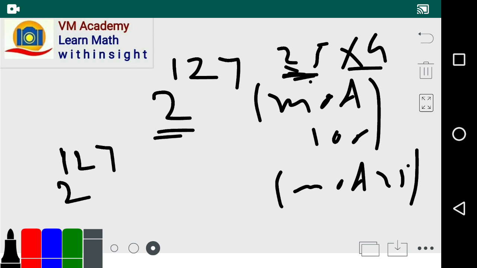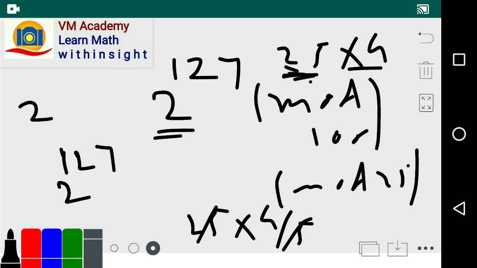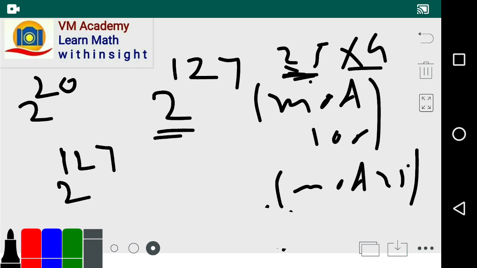We know 2 and 25 are co-prime to each other, so by Euler's theorem, phi of 25 is 25 into 4 by 5, that is 20, so 2 raised to 20 is congruent to 1 modulo 25.